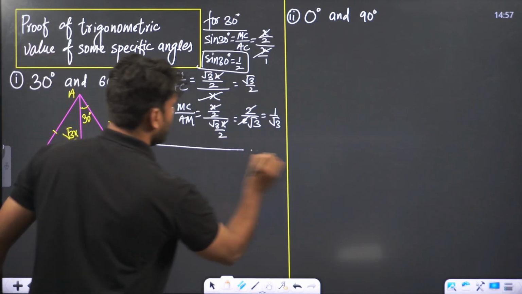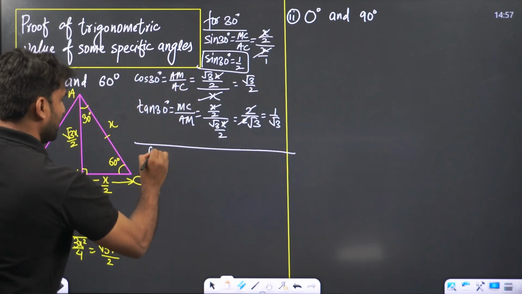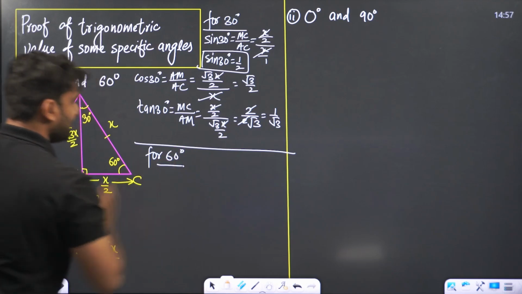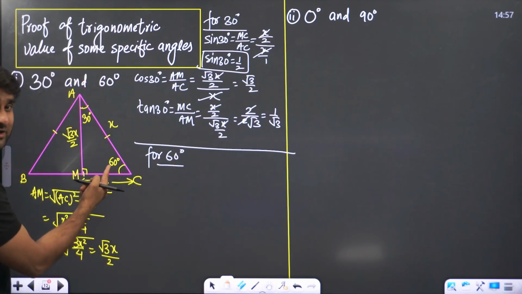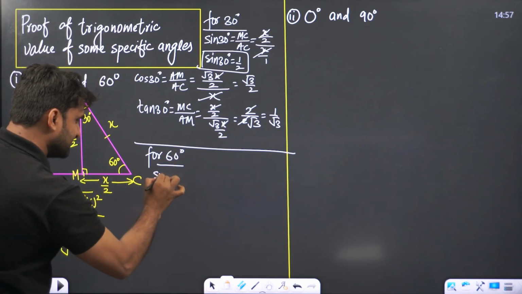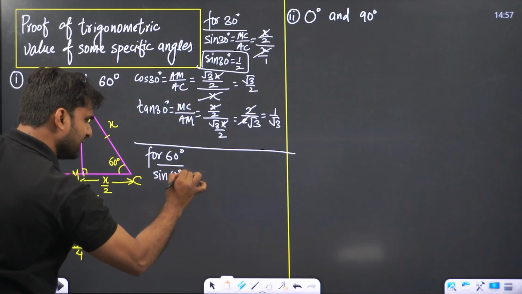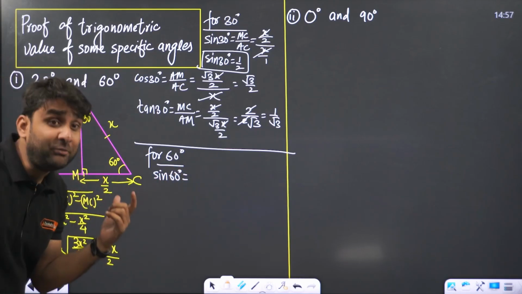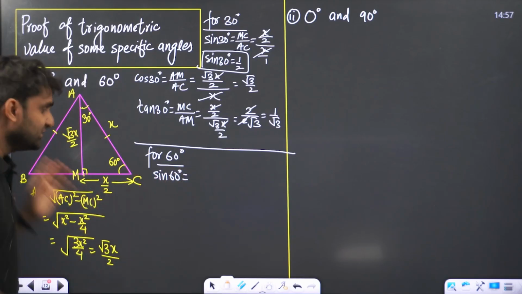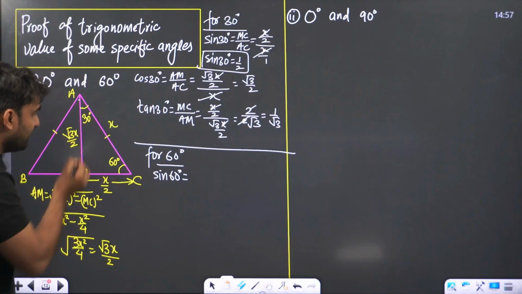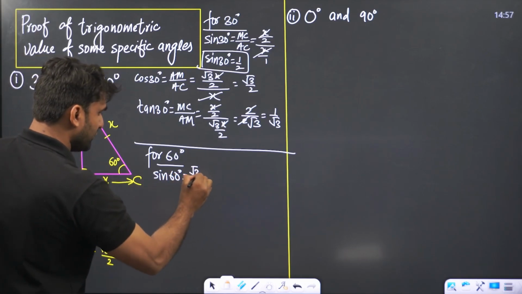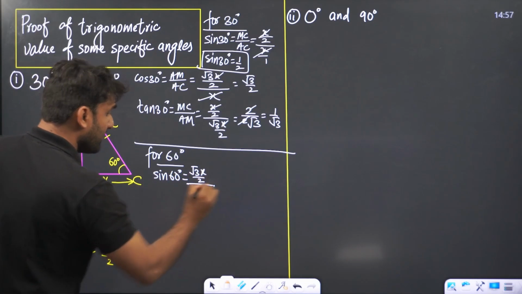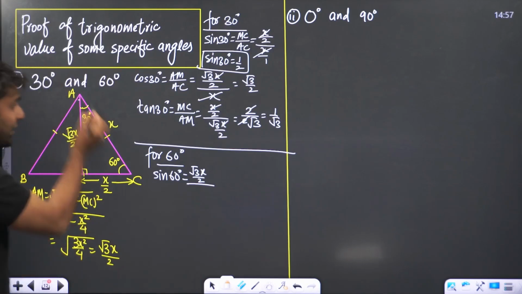Okay, now let's write for 60 degree. Guys, for 60 degree, this angle will be considered. So sine 60. Guys, what is sine? Perpendicular by hypotenuse, but for angle 60 degree. So for angle 60 degree, perpendicular will be this, root 3x divided by 2, by hypotenuse. Hypotenuse is x.